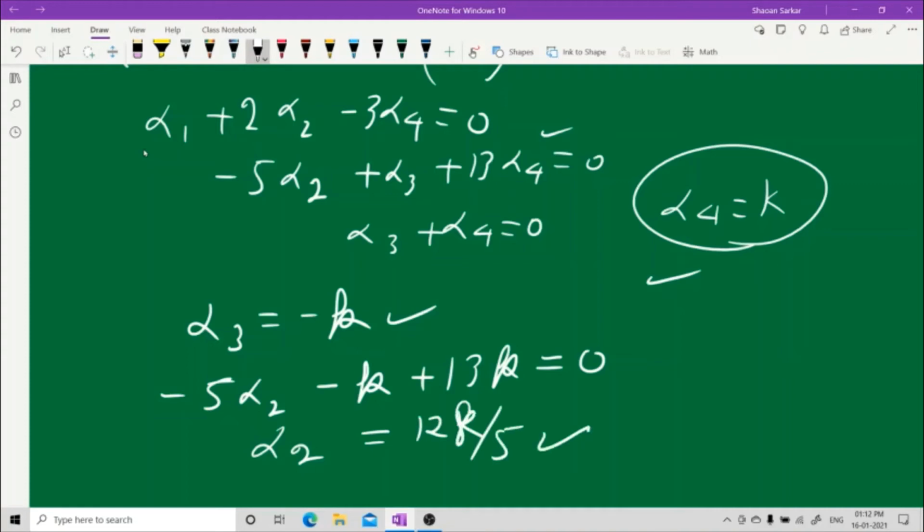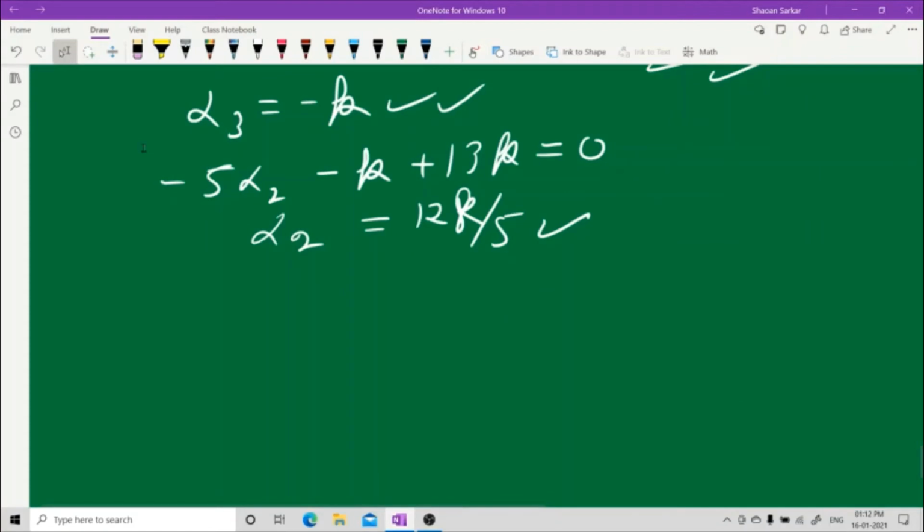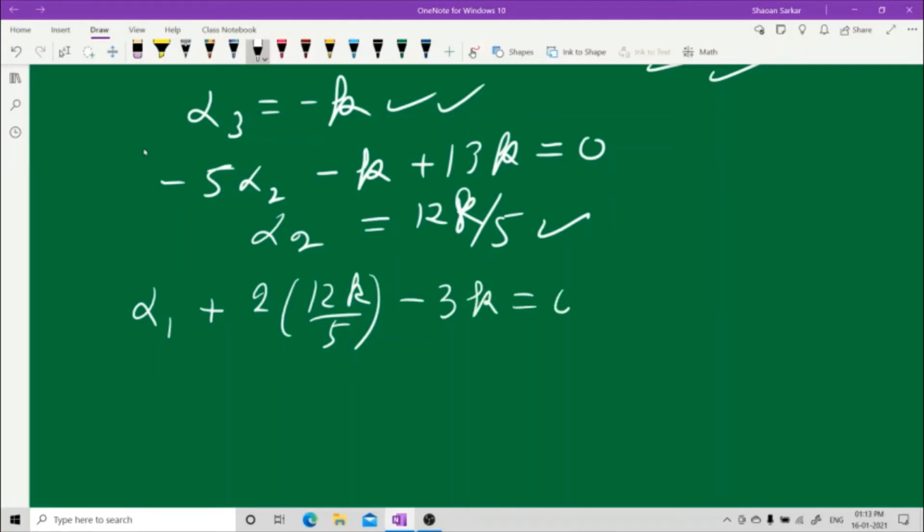Now put the value of this and this in the first equation to find alpha 1. Now you can find alpha 1. Wait, what is your alpha 1? Your alpha 1 is plus 2 alpha 2. 2 alpha 2 is 2 times 12k by 5, and then you have your minus 3 alpha 4. Your alpha 4 is k, and the whole thing is 0.